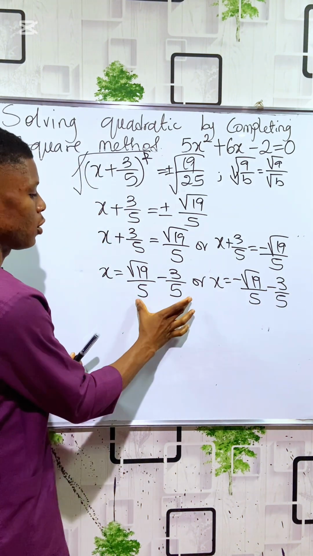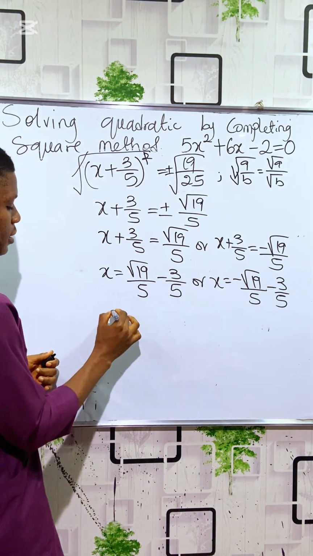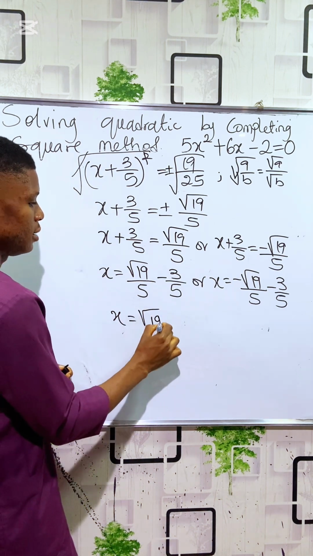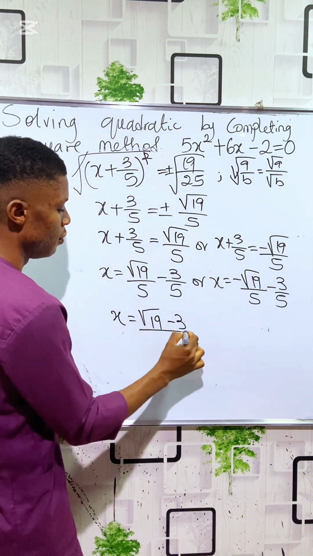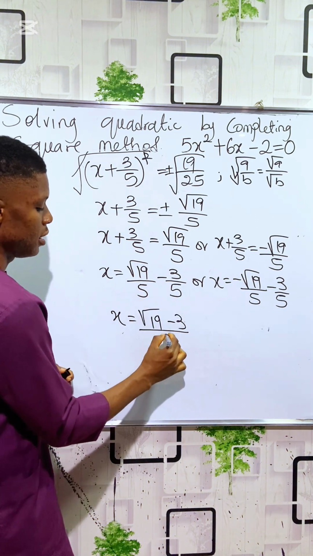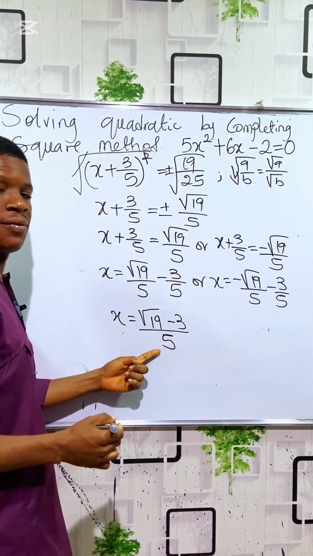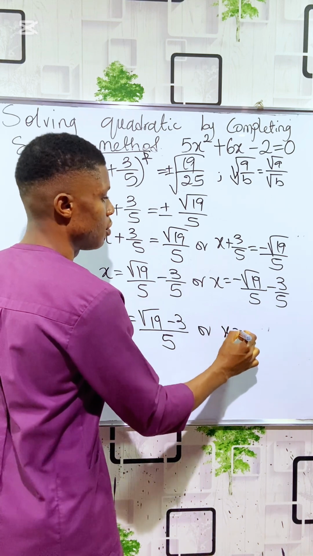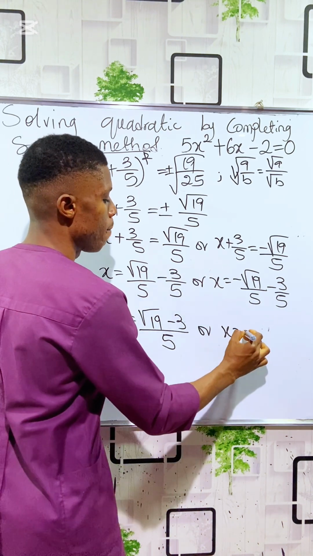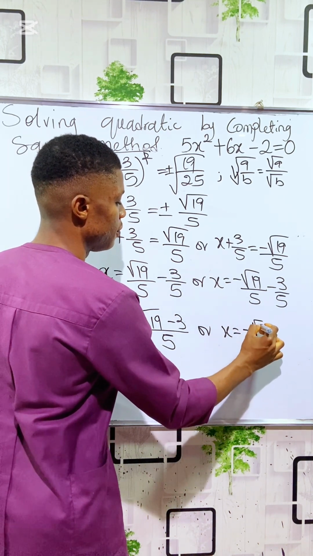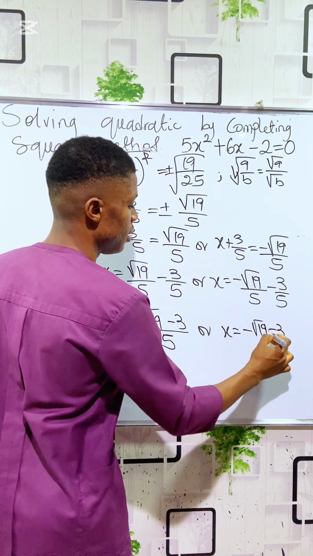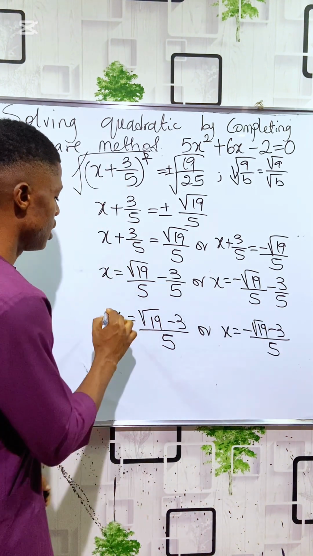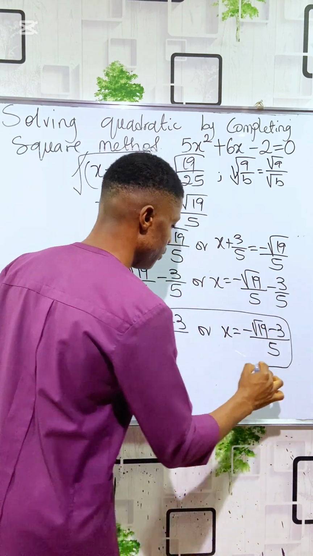These have common denominators, so this is basically x is equal to the square root of 19 minus 3 over 5. This is the first solution. Or we can say that x is equal to minus the square root of 19 minus 3 over 5, subtracting them. So these are the two possible solutions of x in this quadratic equation.